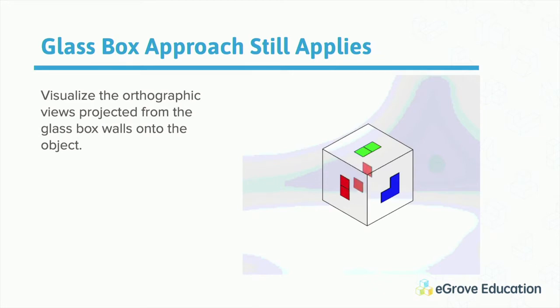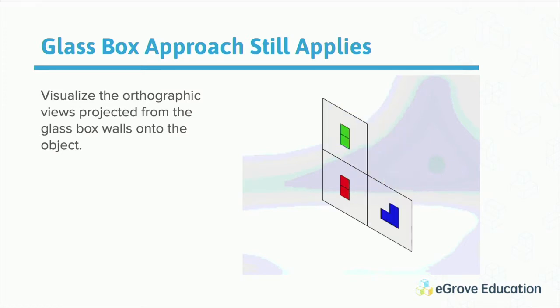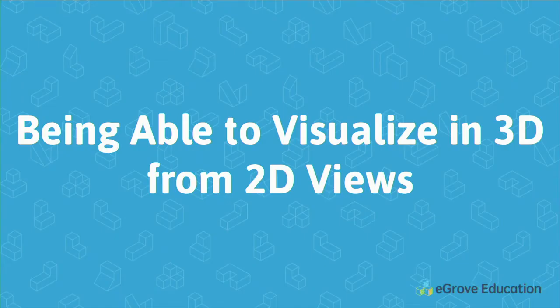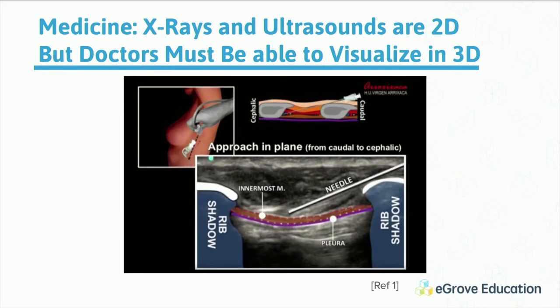So going back to the glass box approach, it still applies. In this case, how do we produce the 3D image from those orthographic projections, and how do we project them? Being able to visualize in 3D from 2D views is important. Again, I mentioned in medicine, when you're sticking a needle and looking at a screen, you want to make sure you're not going too far into the blood vessel or into the organ, so you have to visualize in 3D even though you're only looking at 2D.